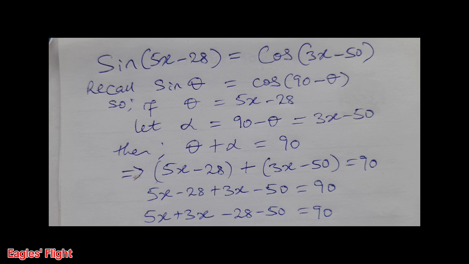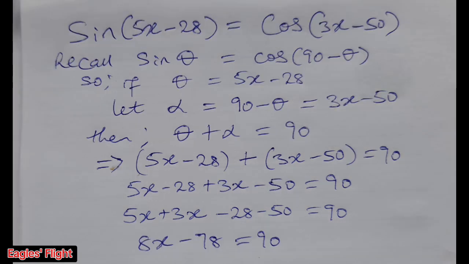Quickly, when we add both 5x and 3x together, that gives us 8x, and when we add minus 28 and minus 50 together, that gives us minus 78. So we have 8x minus 78 equals to 90.